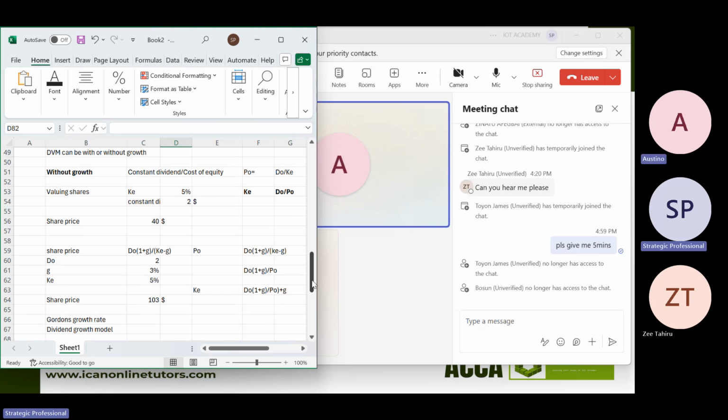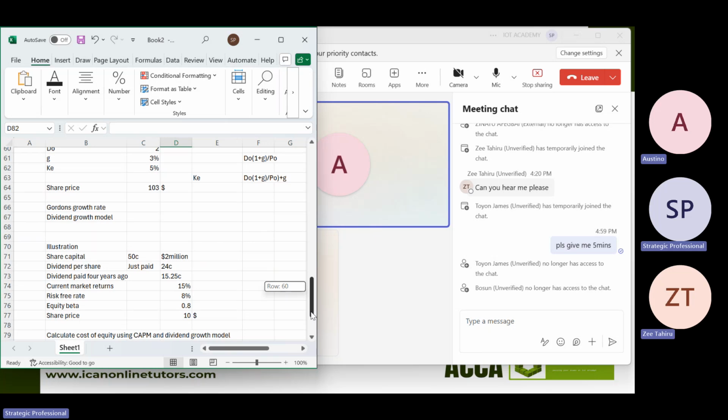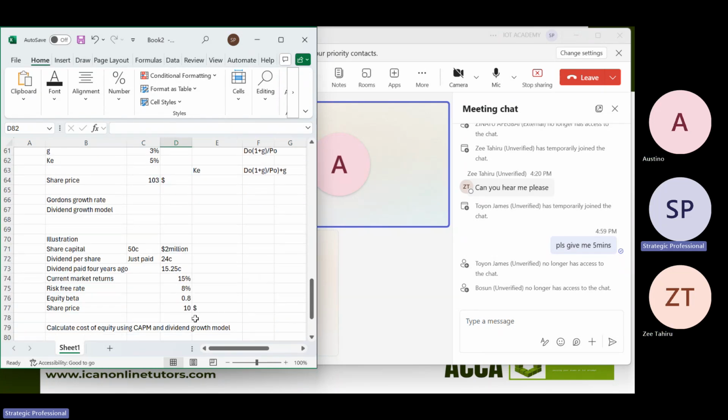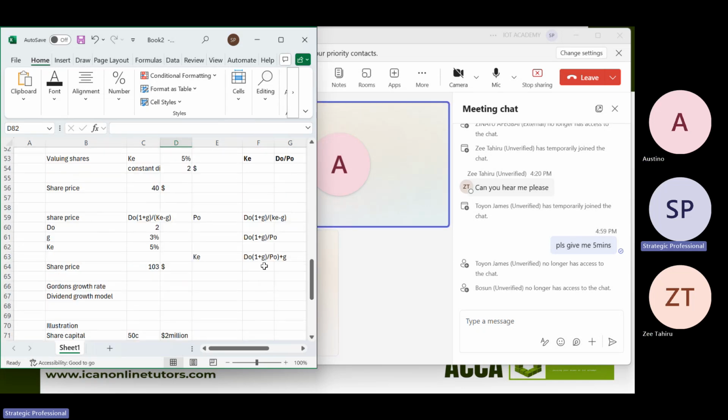We have D0. Initially, we didn't have g from this question. We had to derive g ourselves, right? P0 was what I introduced as $10 per share. Please be following.